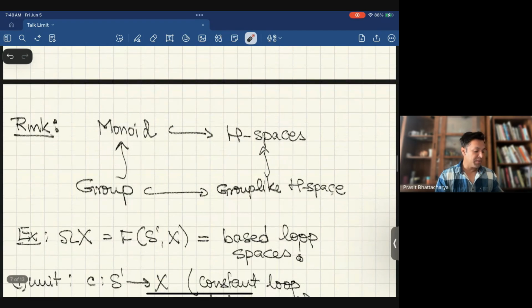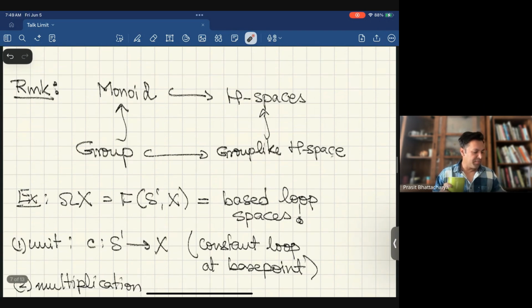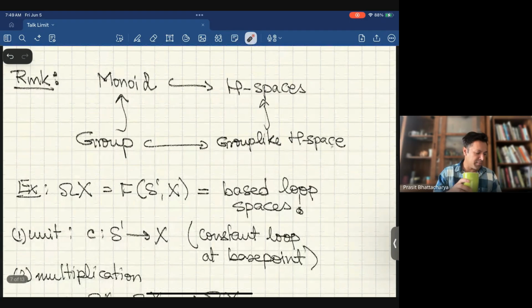Map of group if it is a group-like H space, something that I don't want to get into today, just because it's an additional condition and I don't want to write all of them down every time when I'm trying to communicate some deeper philosophy. That might be a burden for us.